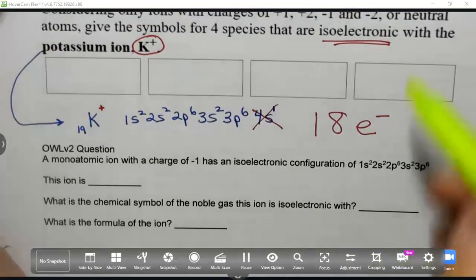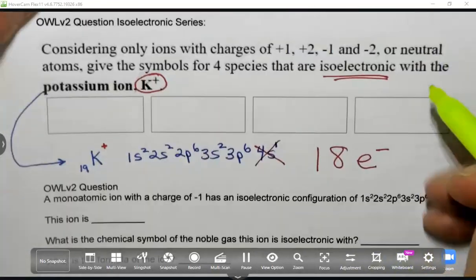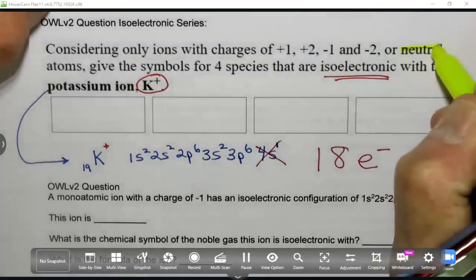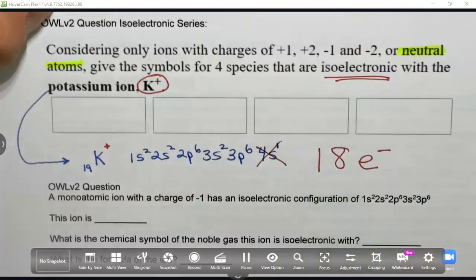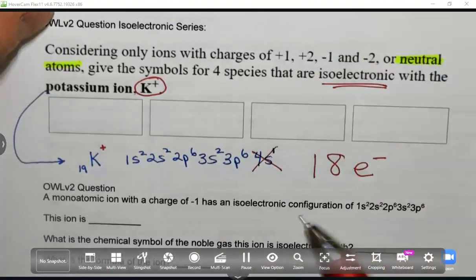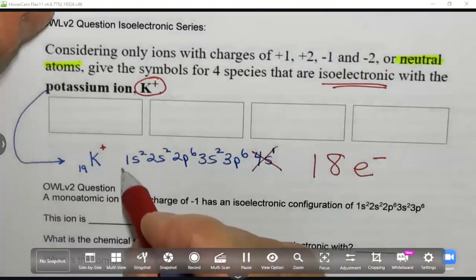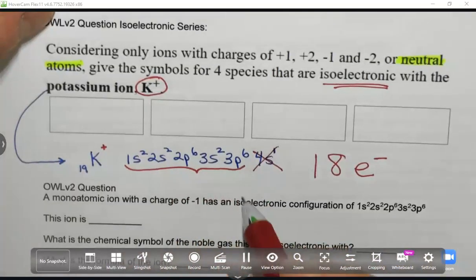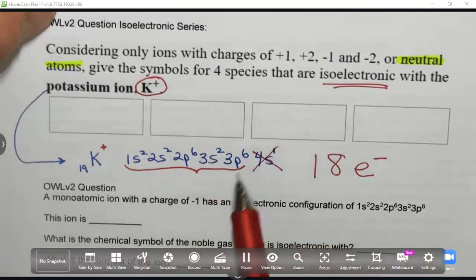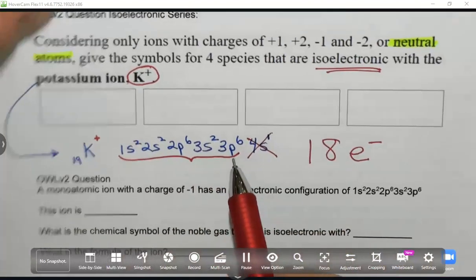What neutral atom has 18 electrons? What neutral atom has 18 electrons? This is my noble gas configuration, correct? What ends in 3p6?